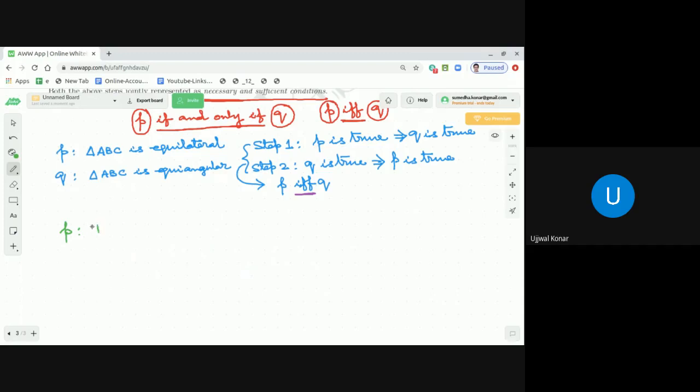it is raining. And Q, the statement is road is wet. Okay. Now suppose that, dear students, we are having this class online.